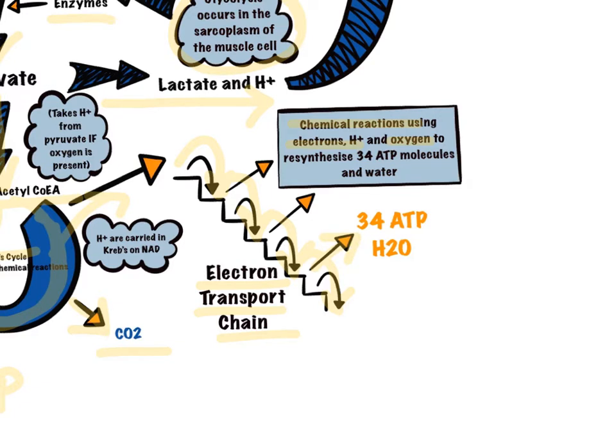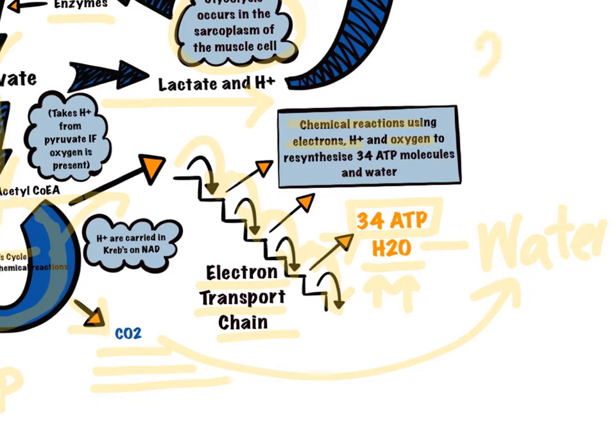We are also getting rid of another waste product which contains hydrogen and oxygen that we now no longer need, and that comes out in the form of H2O or water. So the byproduct of the aerobic system is carbon dioxide and water. And through each of these stages, while we're manipulating these hydrogens and these electrons, we are resynthesizing 34 molecules of adenosine triphosphate.